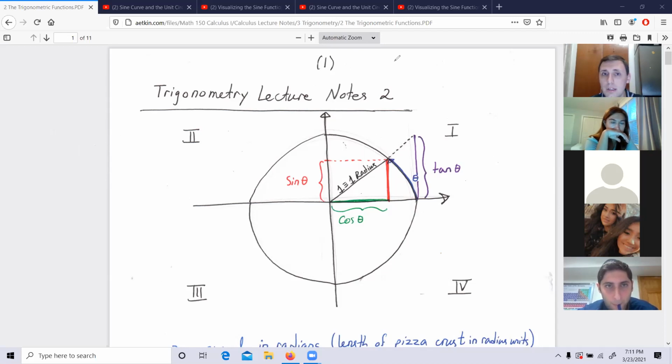You see that? If I select a bigger angle, then the red increases towards 1, and the green decreases towards 0.